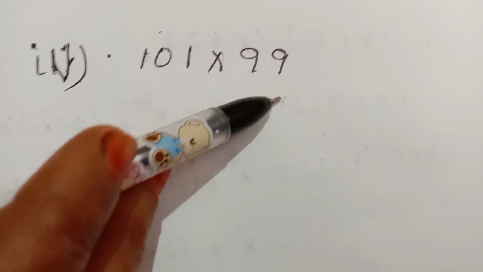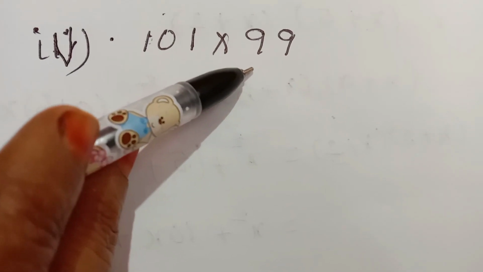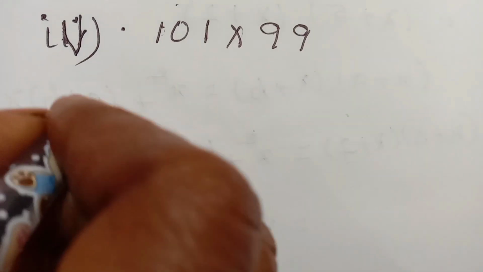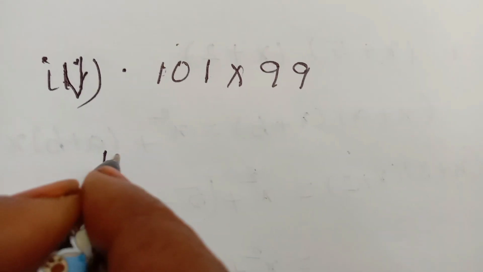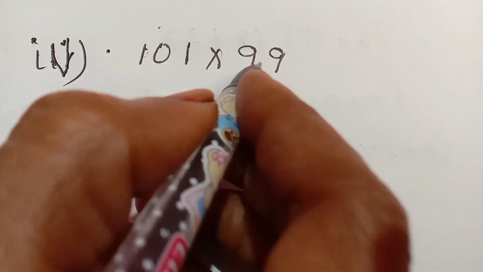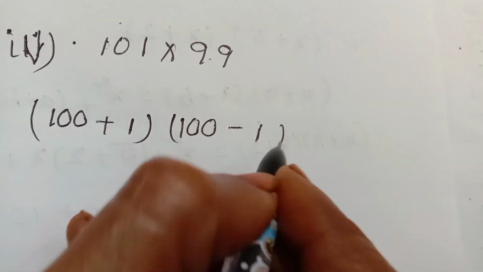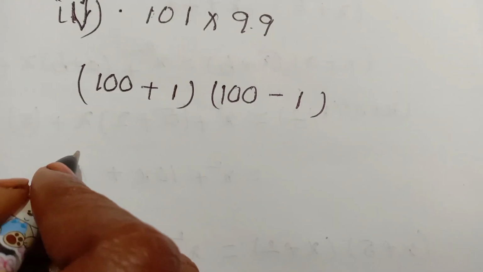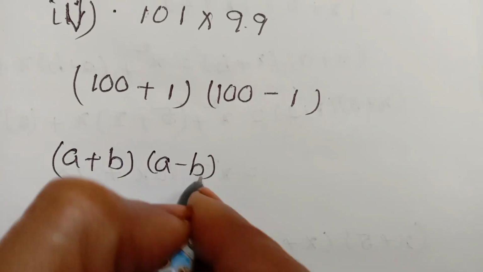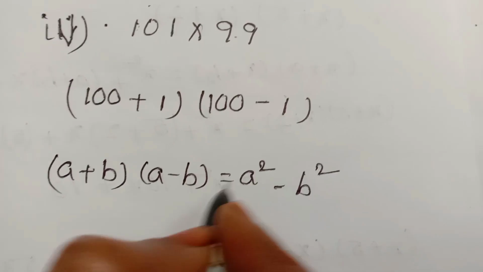101 into 99. Calculate without actual multiplication. This can be written as 101, 100 plus 1; 99, 100 minus 1. Using the third identity, a plus b into a minus b is equal to a square minus b square.